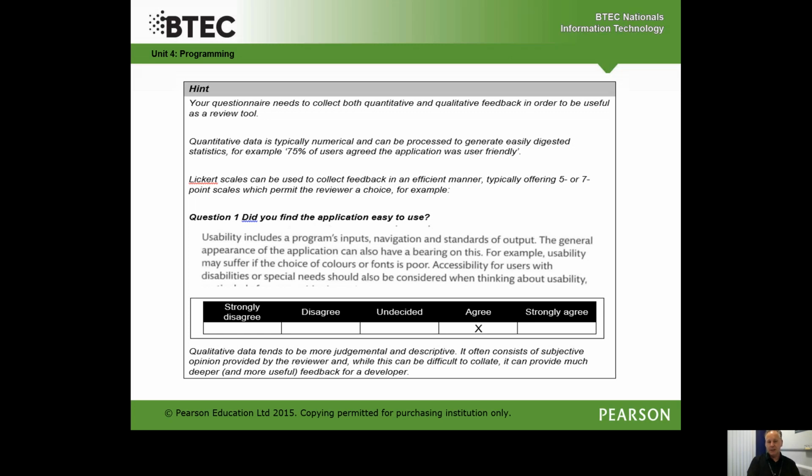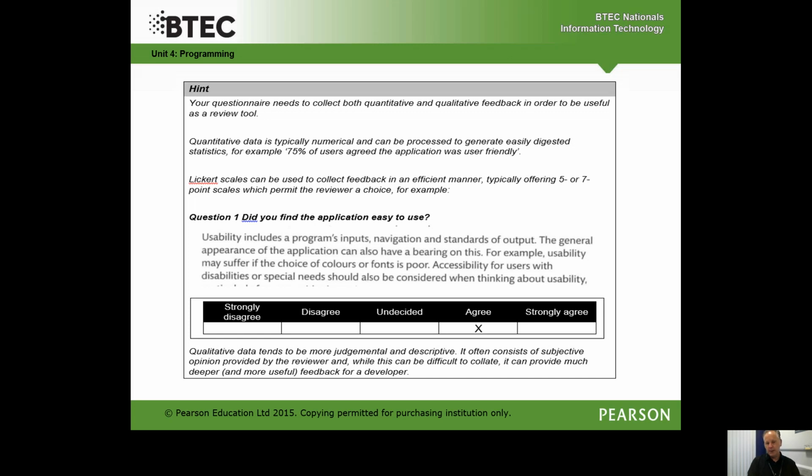So your task is to produce a questionnaire that can evaluate a piece of software, making sure you cover those areas of usability, robustness, reliability, portability, maintainability, and efficiency of performance. There is an example for what your question 1 could look like there. So did you find the application easy to use, is the question asked. That's obviously trying to measure usability.